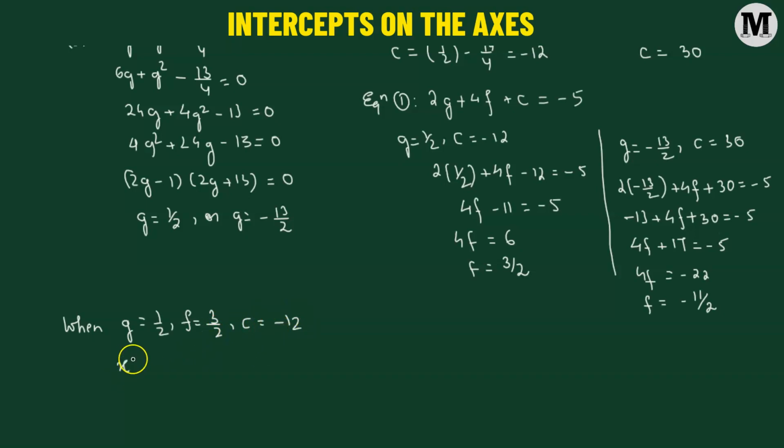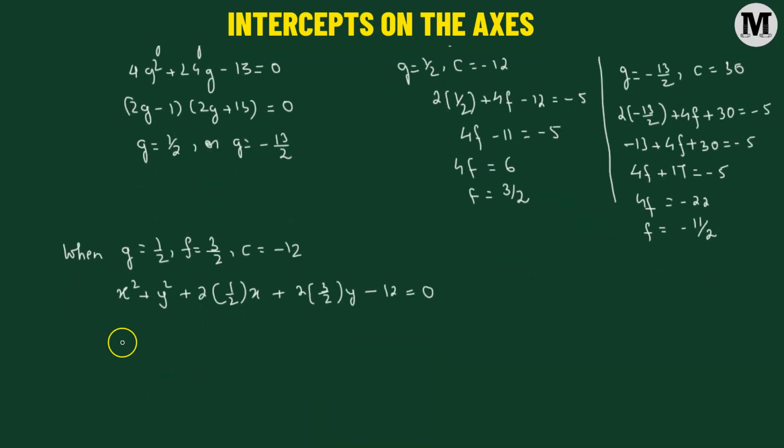That means the equation of the circle is going to be x squared plus y squared plus 2gx, so g will be 1/2 times x, plus 2fy, so f is 3 over 2 times y, plus c. So c is negative 12, equals 0, which means we are going to get x squared plus y squared plus x plus 3y minus 12 equals 0. So this is going to be the circle, and we have another condition.